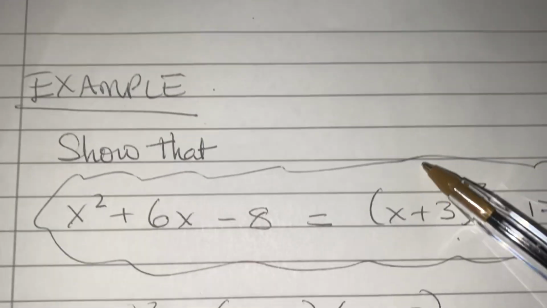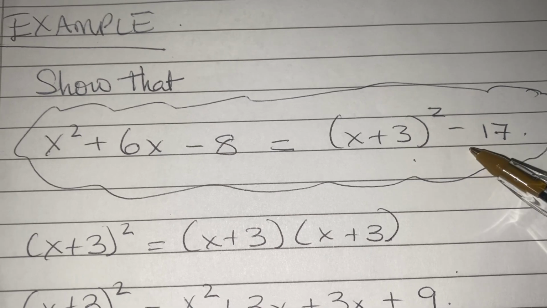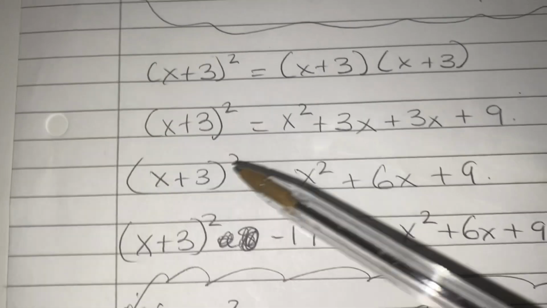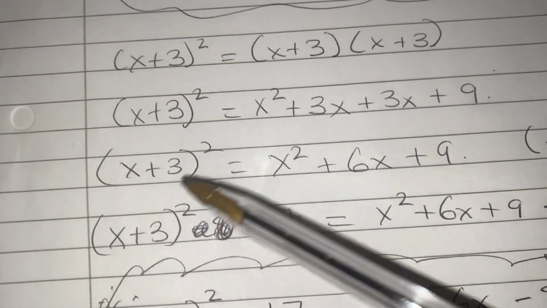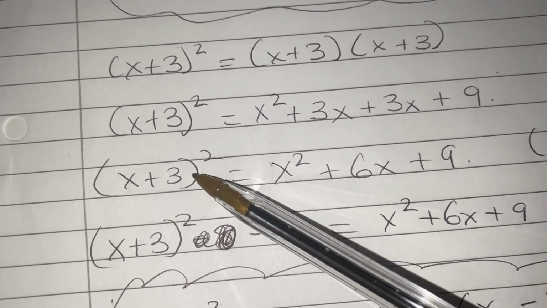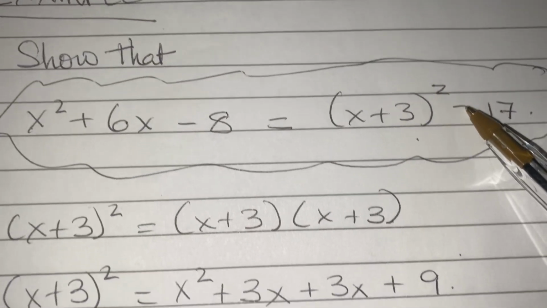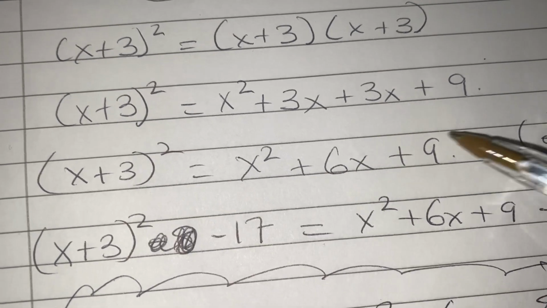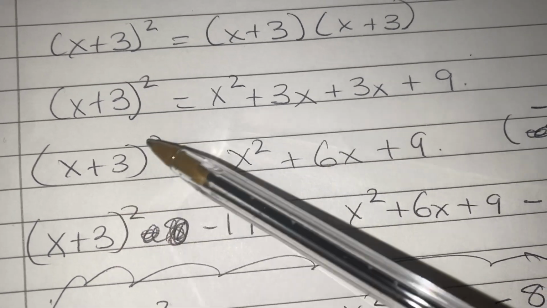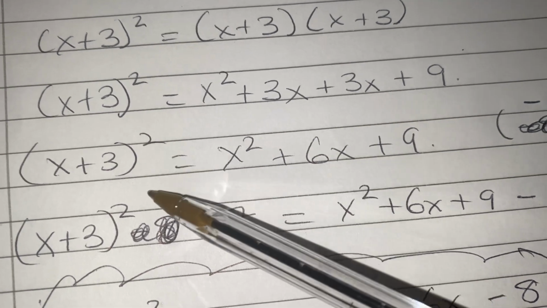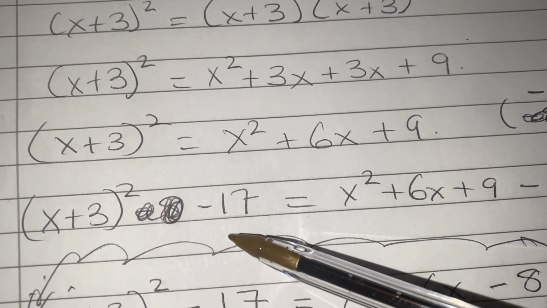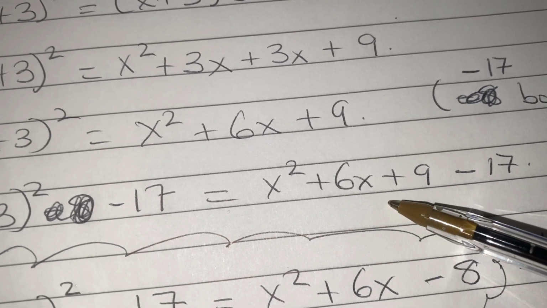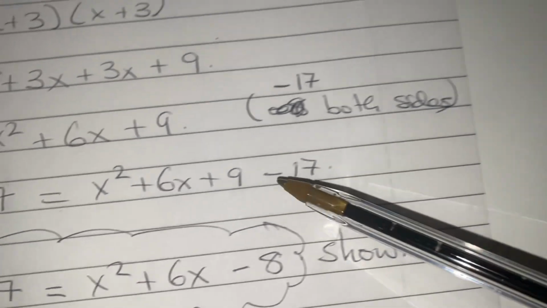Now look at what we are showing. There is a minus 17, but here we have x plus 3 all squared. So to get the minus 17, I'm going to subtract 17 on both sides. So x plus 3 all squared minus 17 will give me x squared plus 6x plus 9 minus 17.